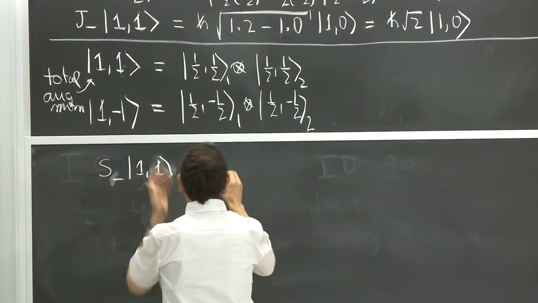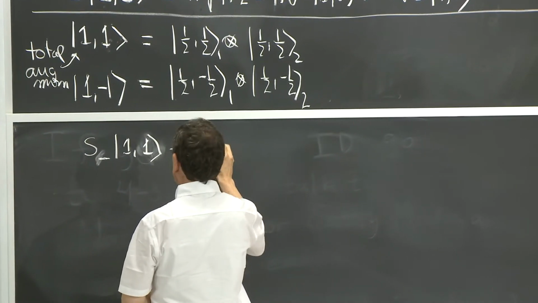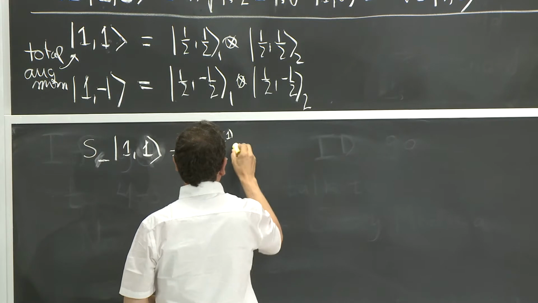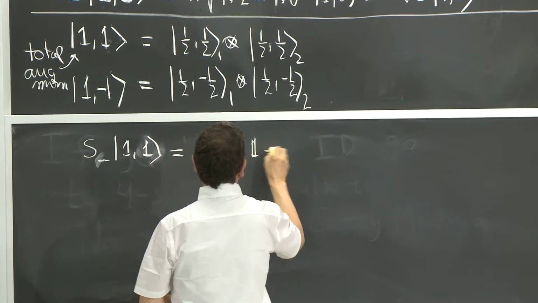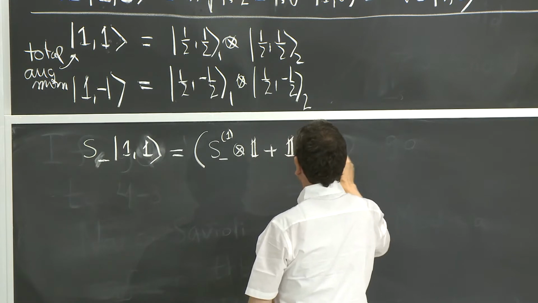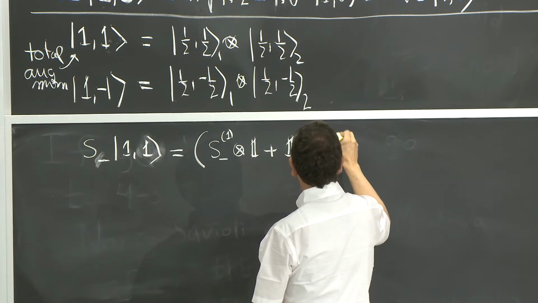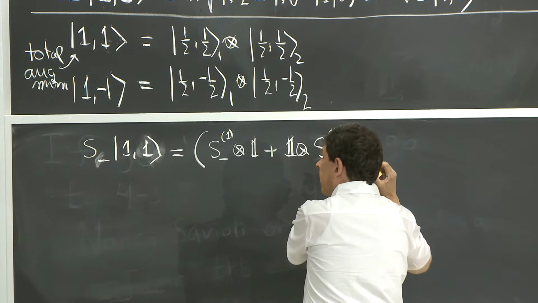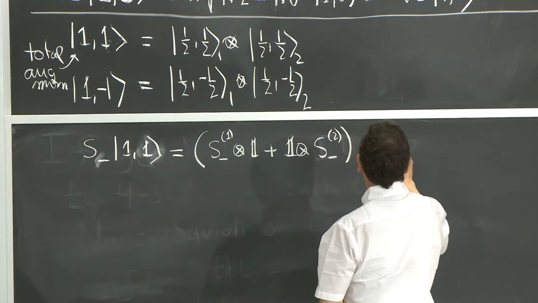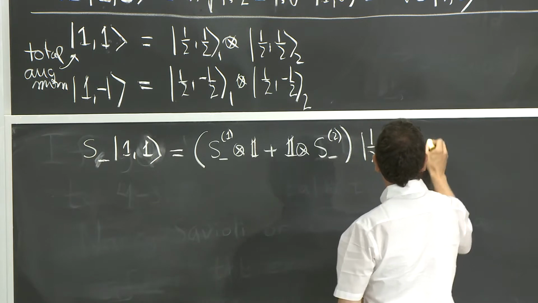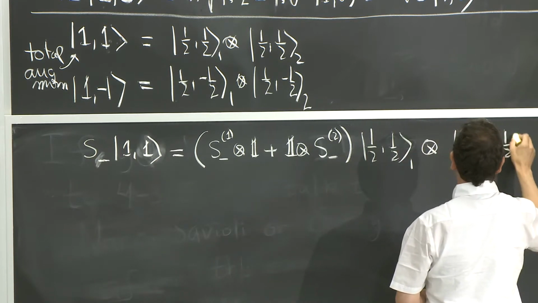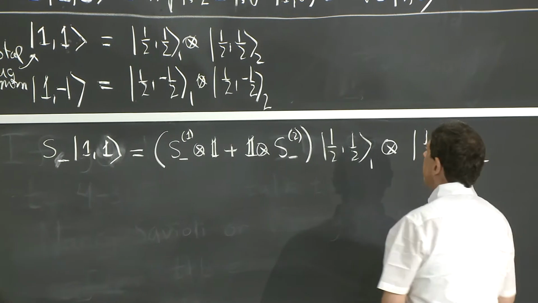And that will be equal, if you wish, we can write this in detail, S minus of the first Hilbert space, times 1, plus 1 tensor S minus on the second Hilbert space, on the right-hand side, which is 1/2, 1/2 in the first space, tensor 1/2, minus 1/2 in the second.